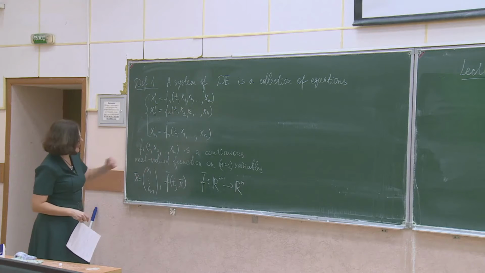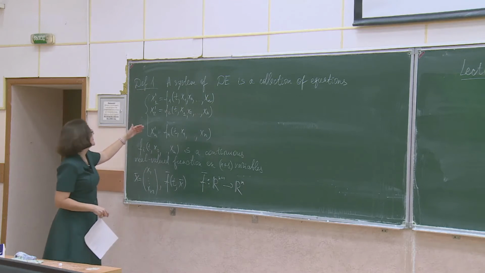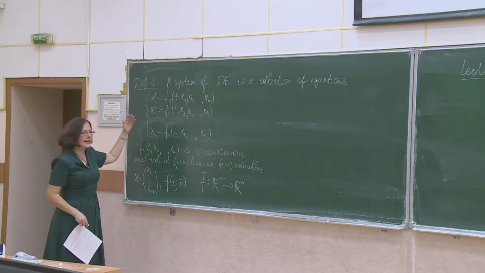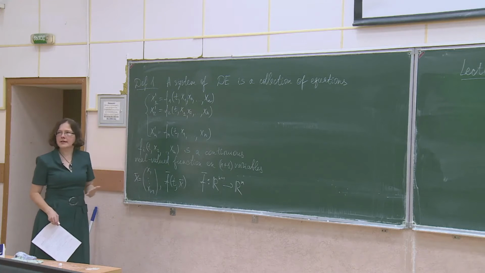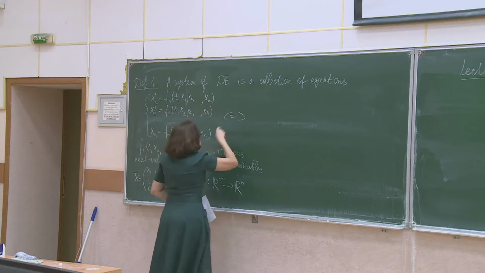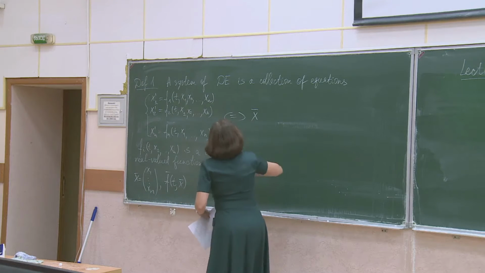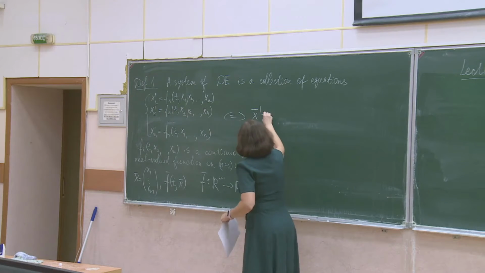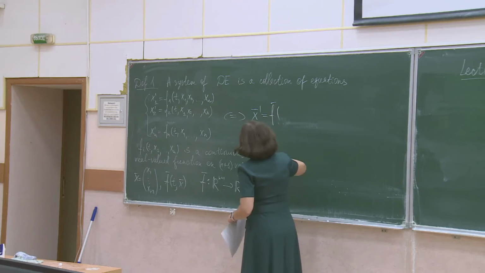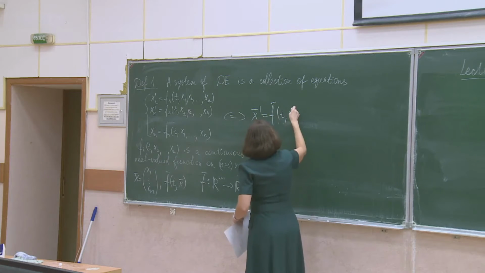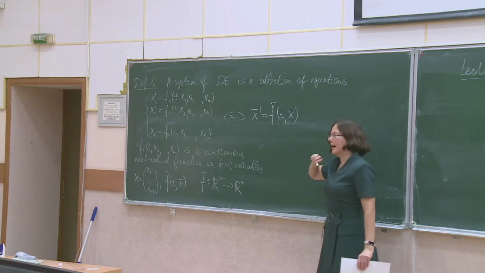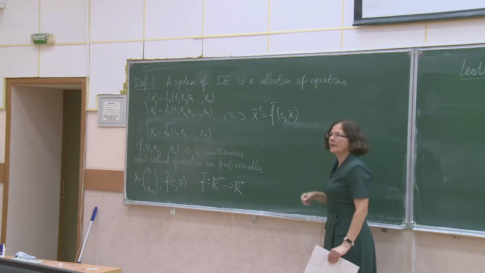And then in this case, we can rewrite this system in the vector form, more concisely. It will be x bar prime equals the vector f, the vector-valued function depending on n plus 1 variables.